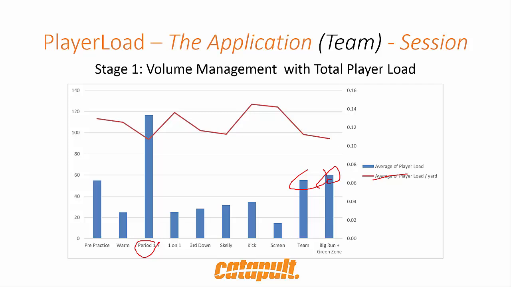But essentially it's saying, for the player load, this blue bar here, divided by the total distance that they've covered in that period, and then we're going to map that over. So we're able to see these fluctuations, and that's getting after how many contacts were within that period, and how hard they were working for each yard.